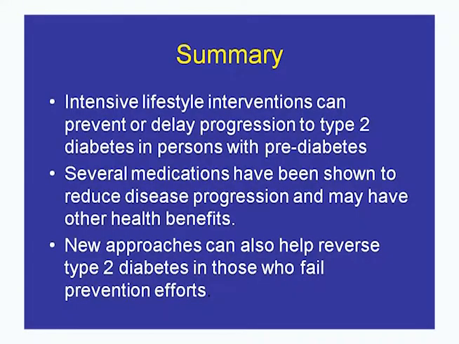All right, so we've gone through a lot of things. I'm trying to go back to my summary slide. A number of things that we know lifestyle can help to delay or prevent progression of type 2 diabetes.